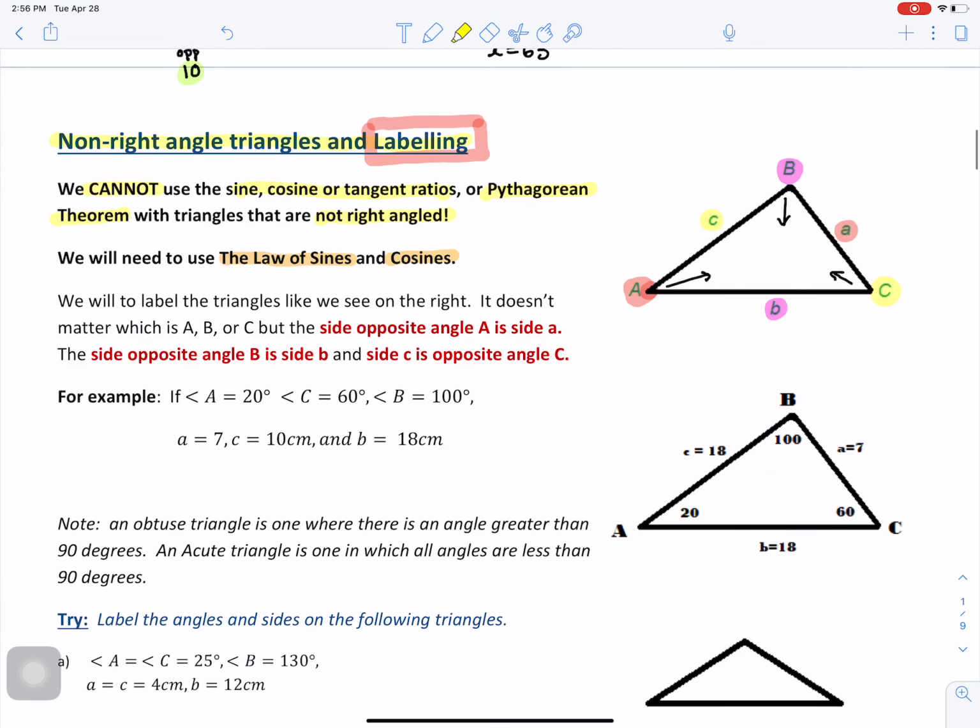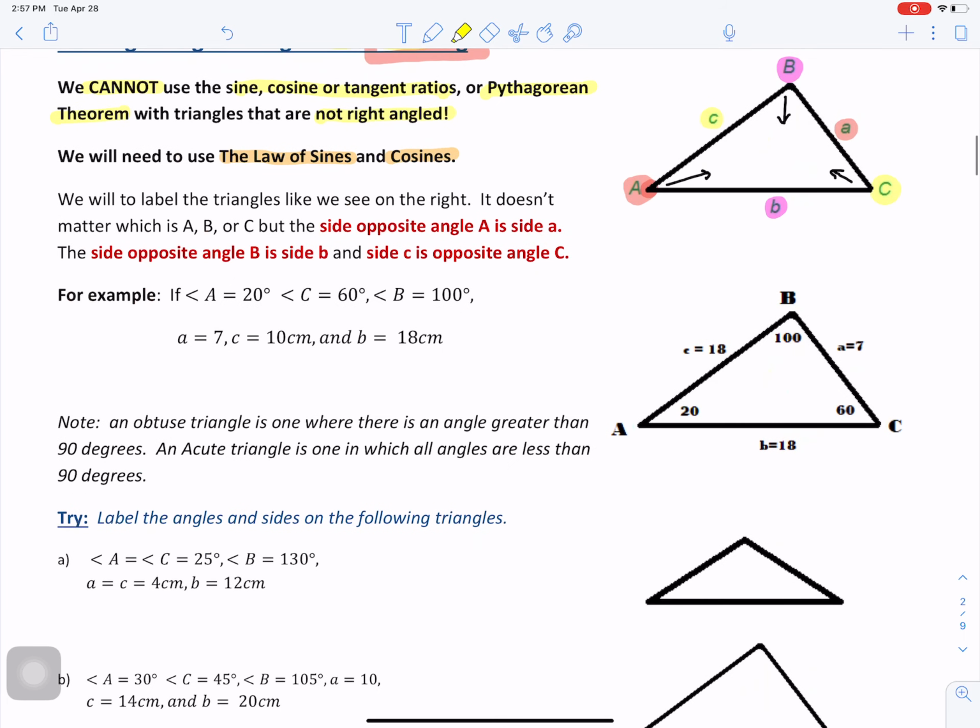We put the angles as capital letters and the sides opposite to those angles as lowercase letters. It doesn't matter what you label them, but often in textbooks they'll label the angles with capital letters and the sides with lowercase letters.